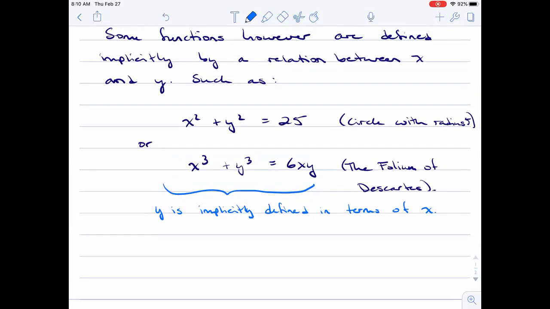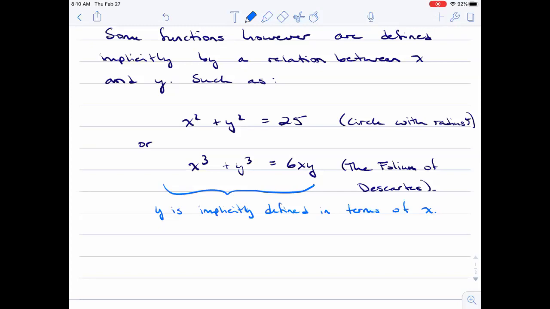Sometimes we don't want to do that though, because we get that split of plus and minus, so the upper and the lower half of the circle. A little bit trickier to solve for y in something like the second one, x to the 3 plus y to the 3 equals 6xy.